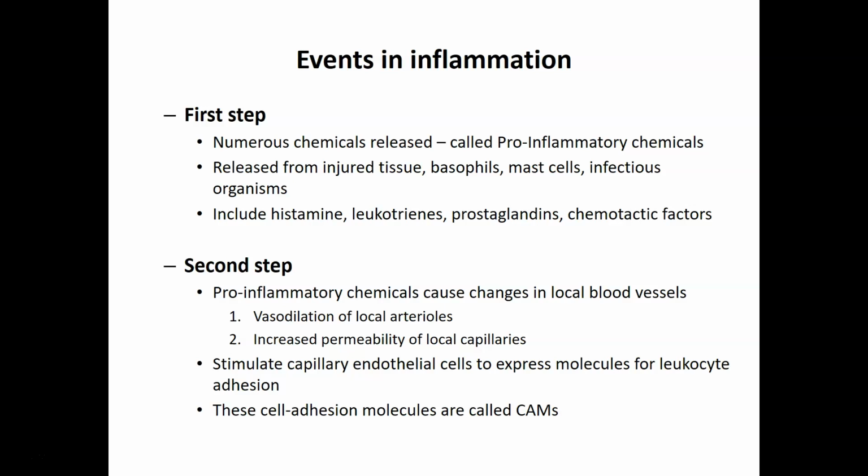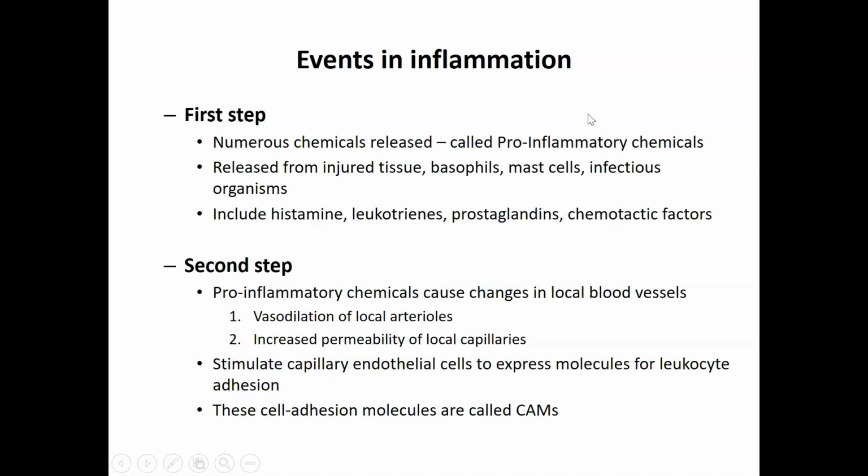These things cause a release of a storm, a huge amount of what are called pro-inflammatory chemicals. These can be released from the tissue cells themselves, if injured, or from the basophils and mast cells that we talked about in the last video.